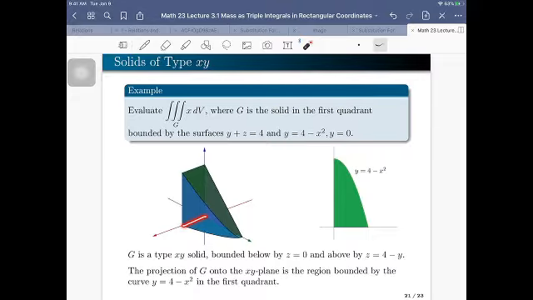The floor of the solid is z equals 0, which is the xy plane, and the roof is this plane, y plus z equals 4, which you can rewrite into z equals 4 minus y. So this is the floor function, and this is the ceiling function. And the projection G onto the xy plane is the parabola y equals 4 minus x squared.